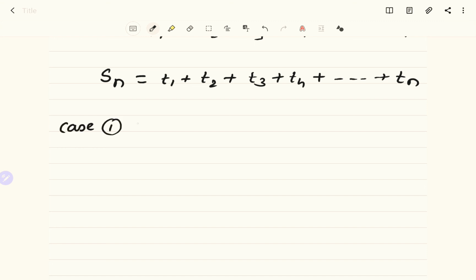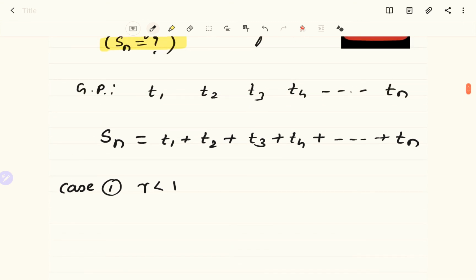Case number 1: what if R, the ratio, is less than 1? We know what a ratio is. It is the ratio of two successive terms, like t2 by t1. You can find this r on the basis of the ratio of two successive terms, and please observe whether r is greater than 1, less than 1, or equal to 1. On the basis of that, we will discuss three cases of Sn.